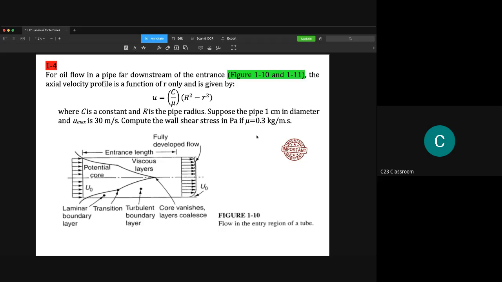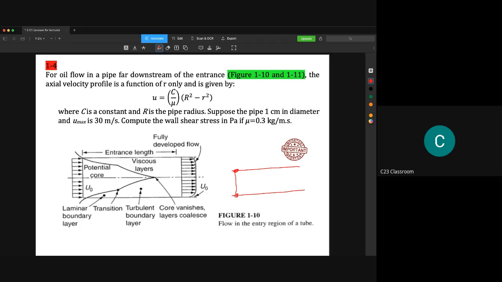First, what you need to understand about downstream of the entrance here is, if you read a textbook about flow in pipes, you will know that if you have a pipe here, at the wall we have one condition which is called the no slip condition.